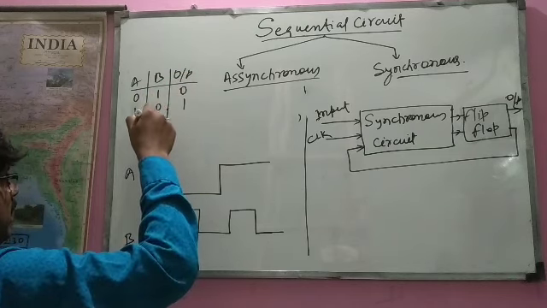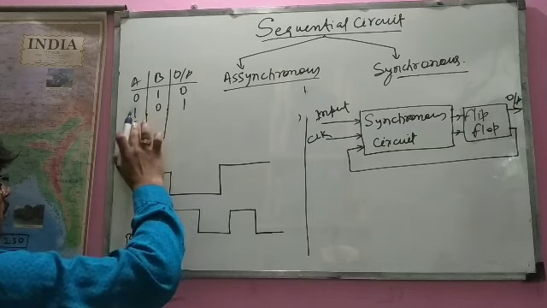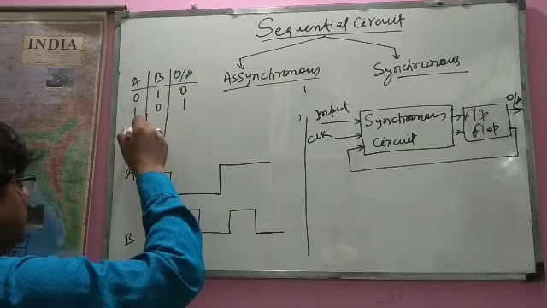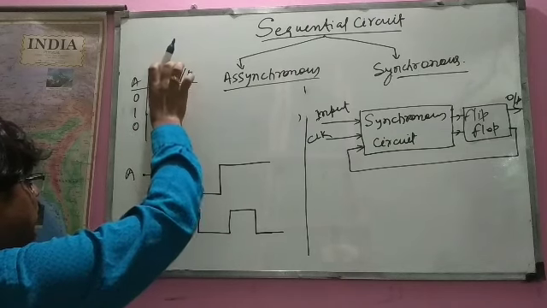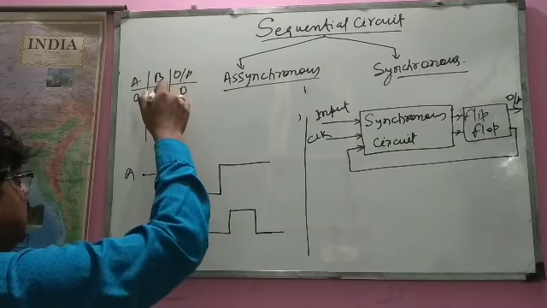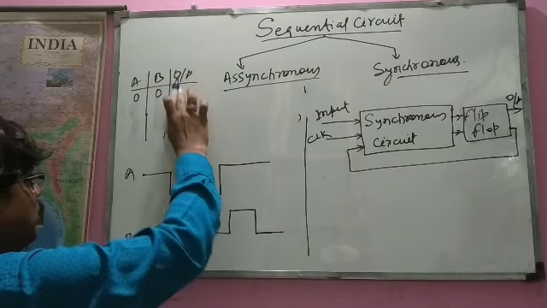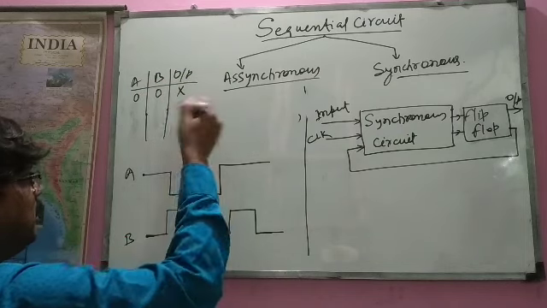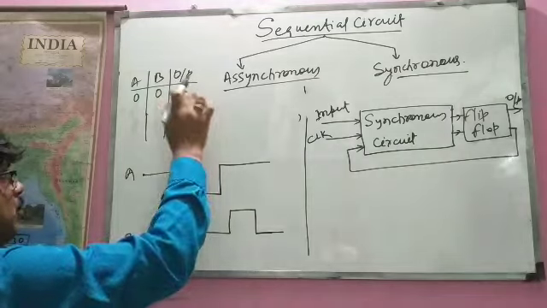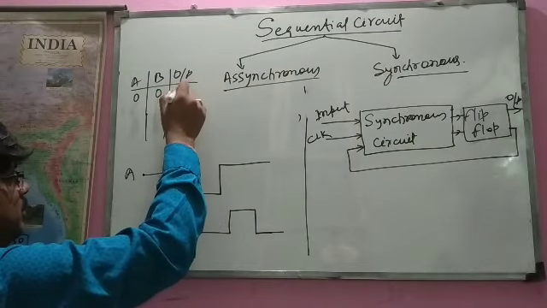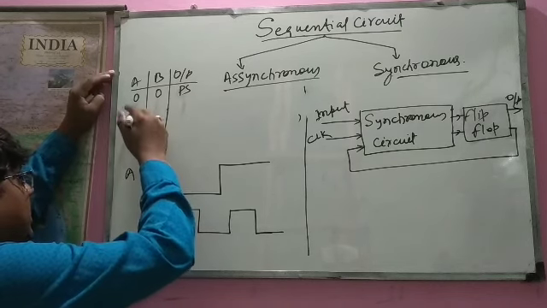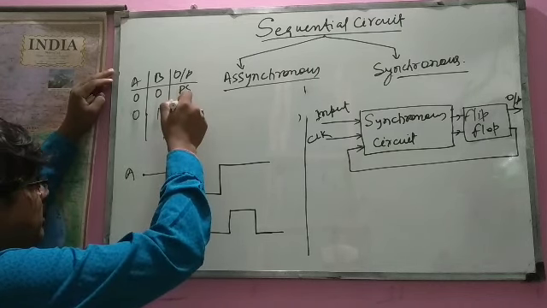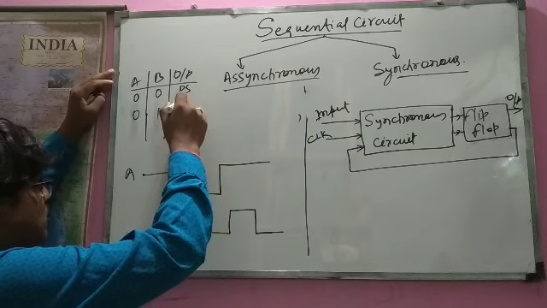And if A and B are 0 0, the output will not change. Let us suppose it will remain in the previous state, whatever it may be. If this is 0 and this is 1, its output is, let us suppose, 0.